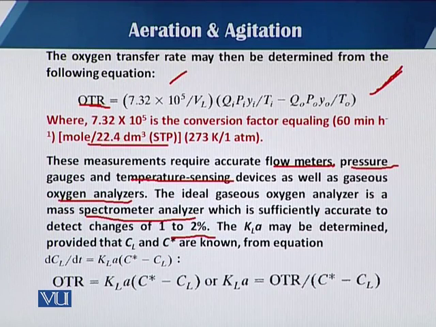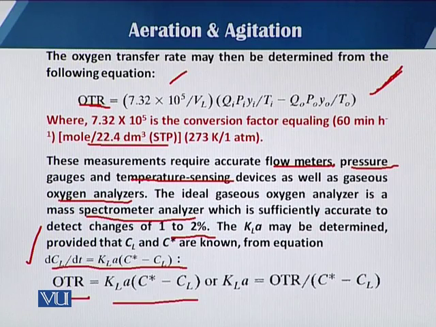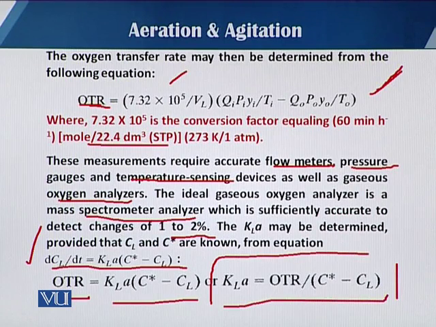So the KLa may be determined provided the CL and C star are known from the equation, which we have already discussed, that OTR equals this. So if we calculate C star and CL, then by this equation, oxygen transfer rate divided by the driving force, we can easily calculate the volumetric mass transfer coefficient.